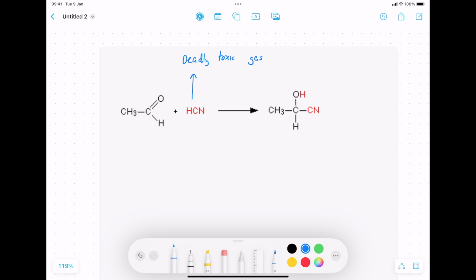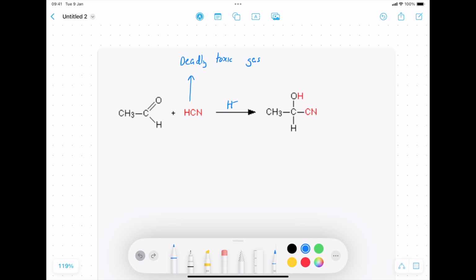So instead, what you'll usually see in textbooks and examination questions is the reagents written over the top of the arrow like this, KCN with HCN, or simply for this one just with H+, or sometimes just water.